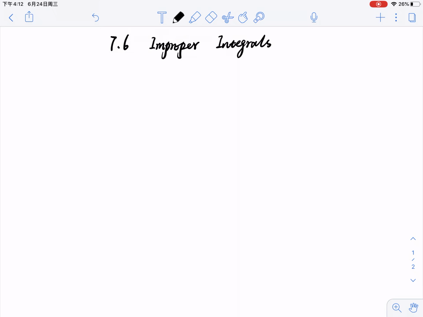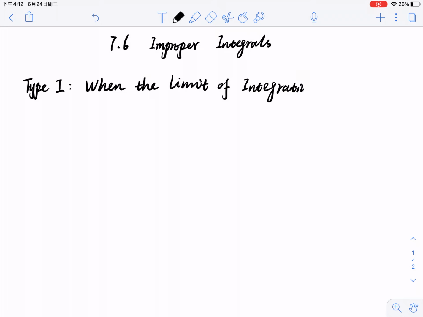Let's talk about the case when the limit of integration is infinite. So we start from an example.